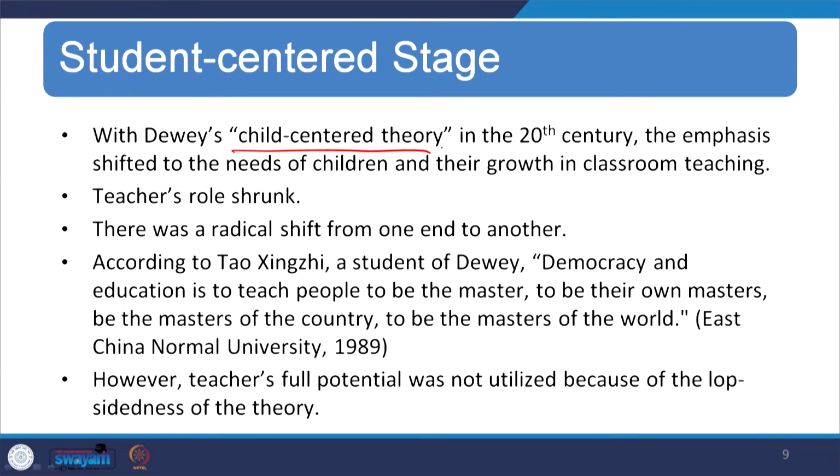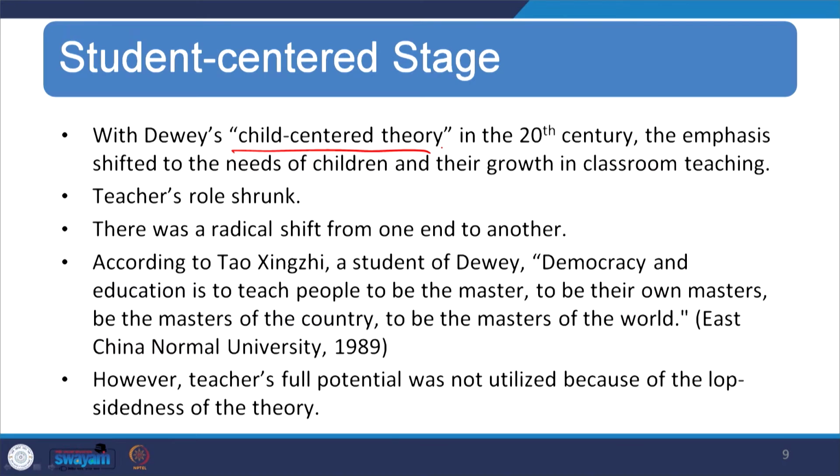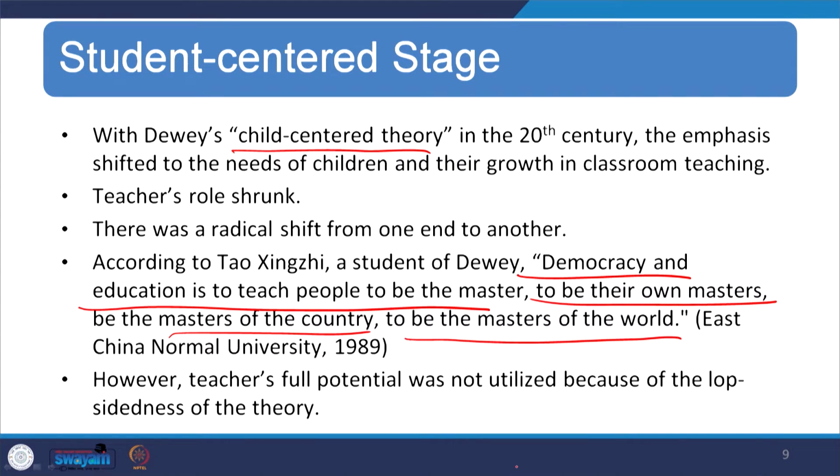The role of the teacher naturally became less, it shrunk, and there was a shift. So according to Tao Xingzi, one of Dewey's students, who says democracy and education is to teach people to be their own masters, to be the masters of the country, to be the masters of the world. So freedom to students.